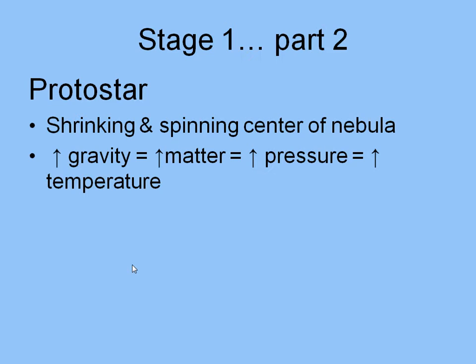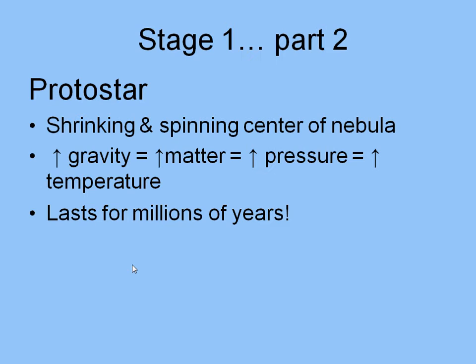So we've increased gravity, matter, and pressure, and when you increase pressure, you increase temperature. Now you've caused the beginning of a star. It's funny, when you increase pressure in an air tank, the air tank gets hot. Why? Because when you increase pressure, you increase temperature. That's what's going on in outer space.